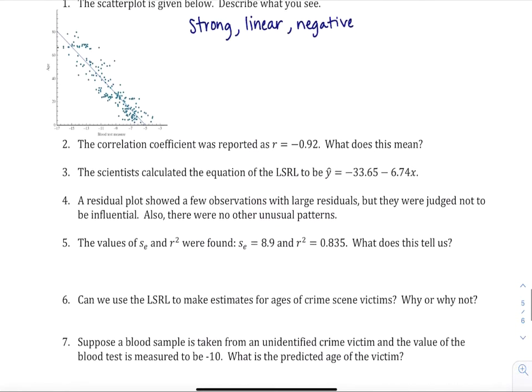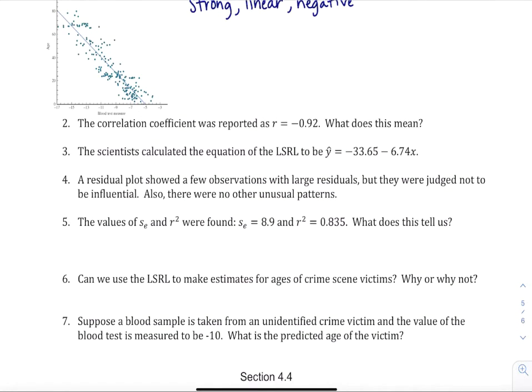We're told that the correlation coefficient is negative 0.92. That's what we suspected looking at the scatter plot, that it was going to be a strong relationship, and that's exactly what we have determined. It tells us that it's a strong, negative relationship.